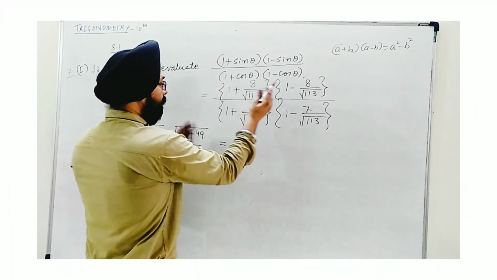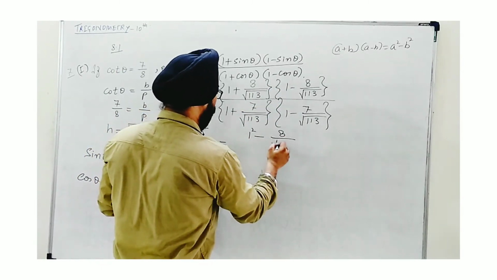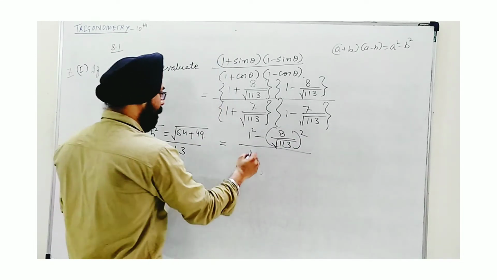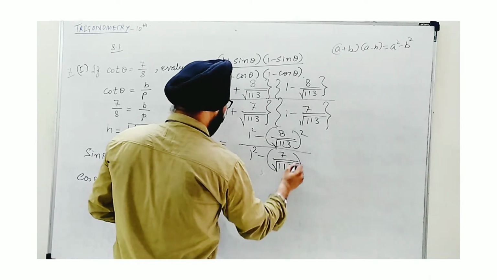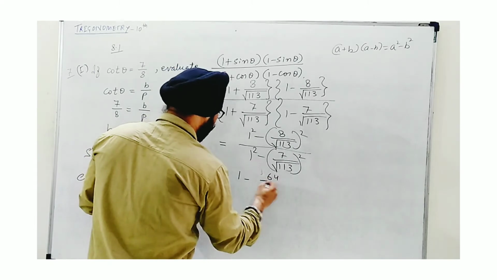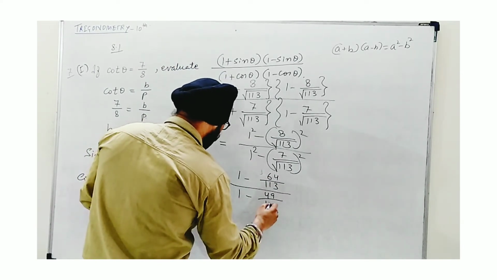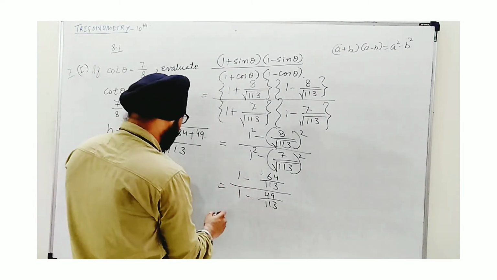Here we can write the conclusion of numerator as 1 square minus square of 8 upon root 113. And in denominator we can obtain as 1 square minus 7 upon root 113 square. Now we simplify, we get 1 square, 1 minus 64 by 113. Here we get 1 minus 49 upon 113. Obviously, we will take LCM in numerator and denominator separately.